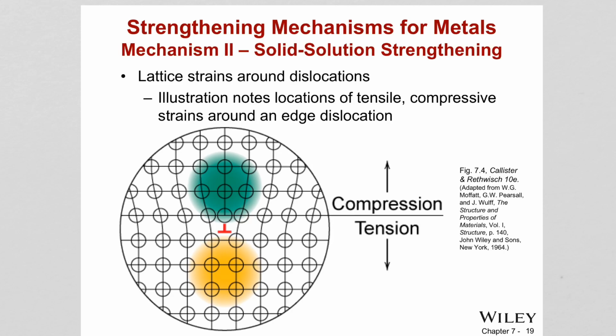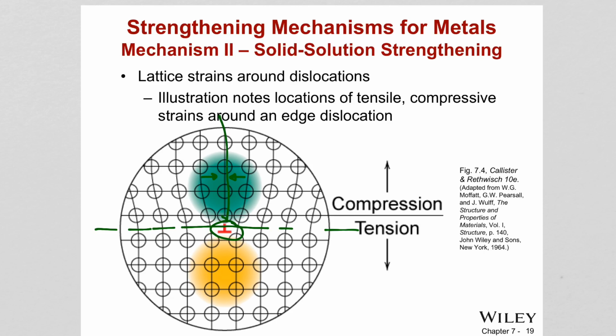This image is showing us clearly when you have a dislocation, an extra half plane of atoms. When you are above that slip plane, there are compressive stresses generated in the system, because you are stressing the vicinity of that dislocation, right?